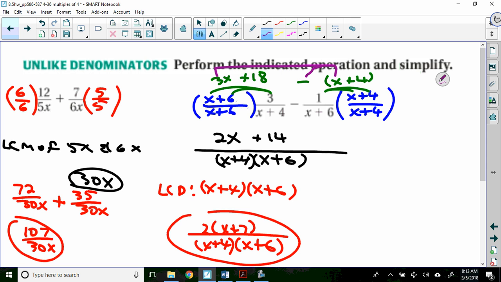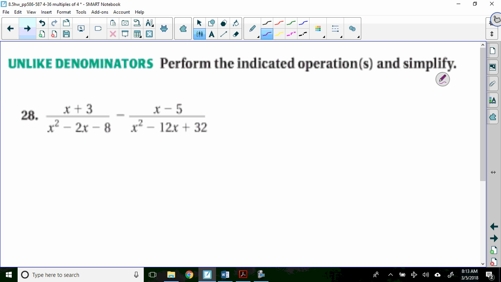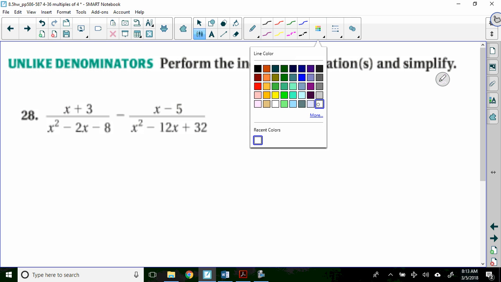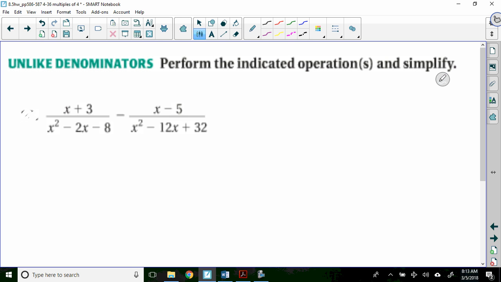Okay. So 28. Wow. This looks like fun. So what I would do on one like 28, which not many people tried, a couple of people did, on 28 you're going to factor.